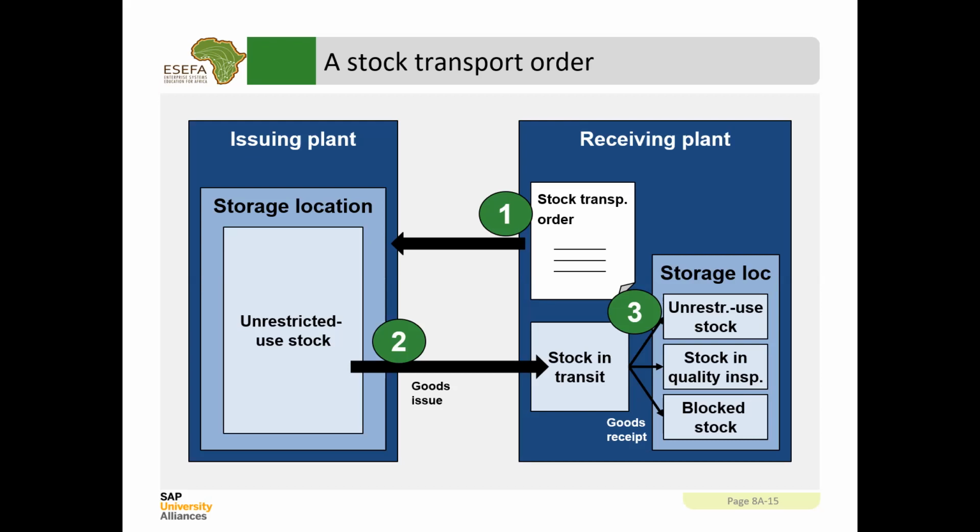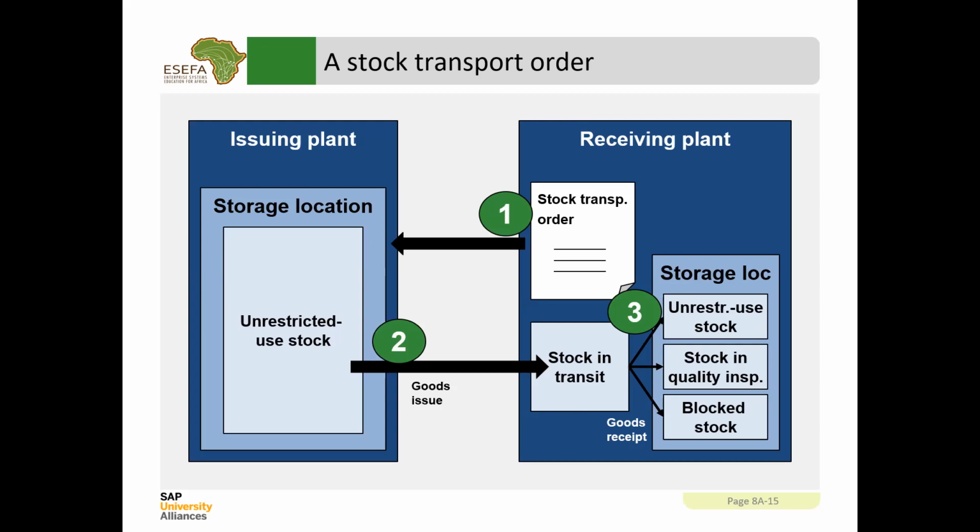Once the goods are received at the receiving plant, there are three possibilities here. It still becomes unrestricted use, for example semi-finished products that are being coupled, that are being reassembled to produce the final product. Or it can move to stock in quality inspection. Now, what do we mean by stock in quality inspection? These are stocks that you use for quality check, quality assurance.